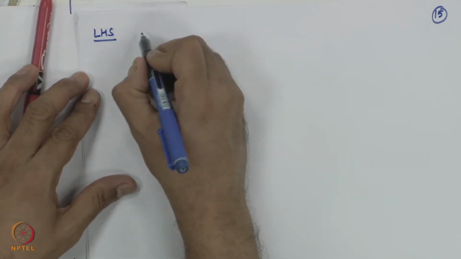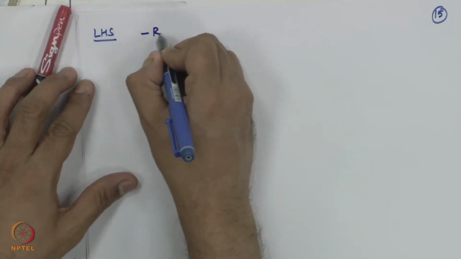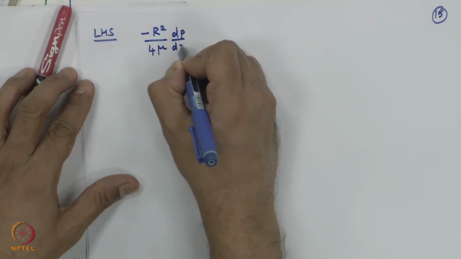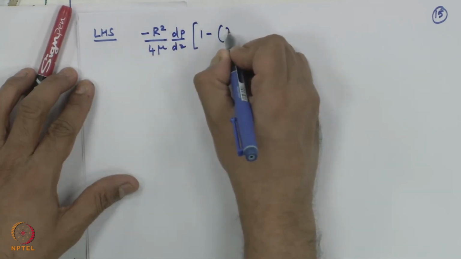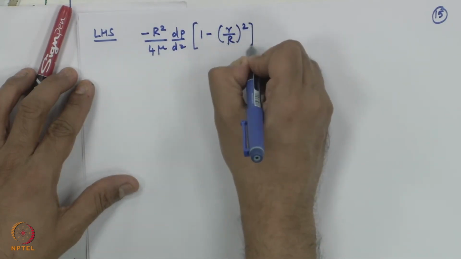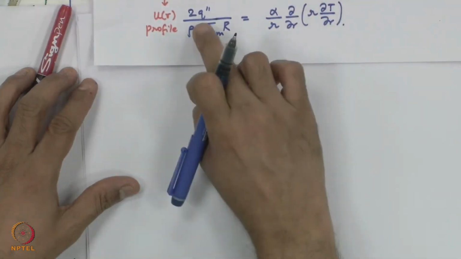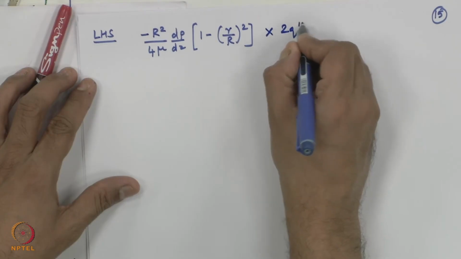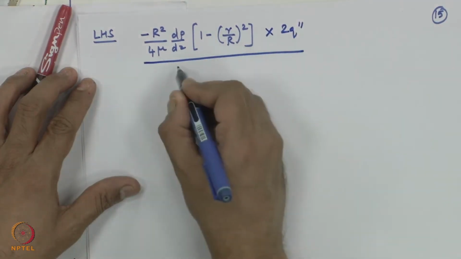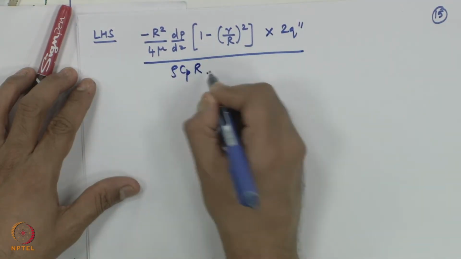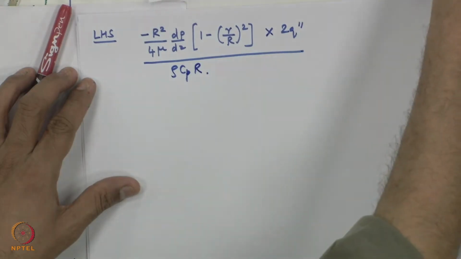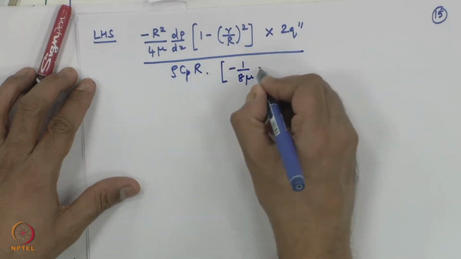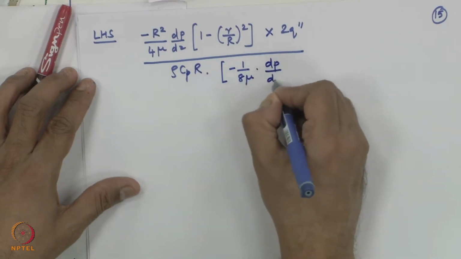We had derived this as minus R squared by 4 mu dp/dz times 1 minus r by R whole squared, this quantity into 2 q double prime divided by rho Cp capital R, and u bulk mean we had derived as minus 1 by 8 mu dp/dz.